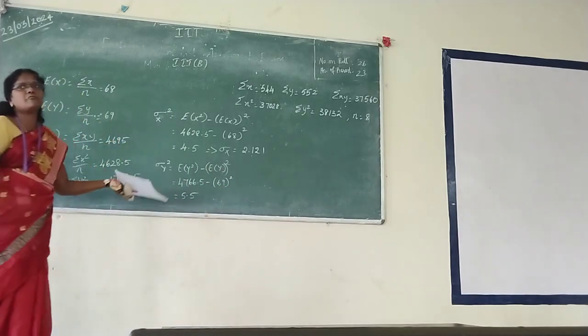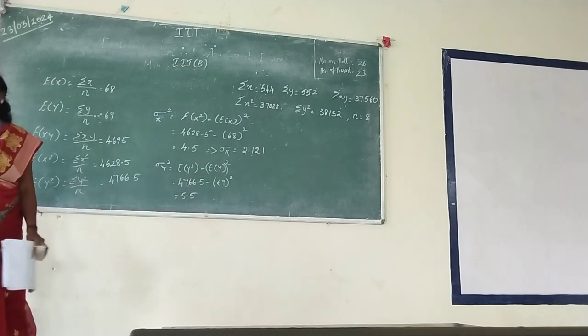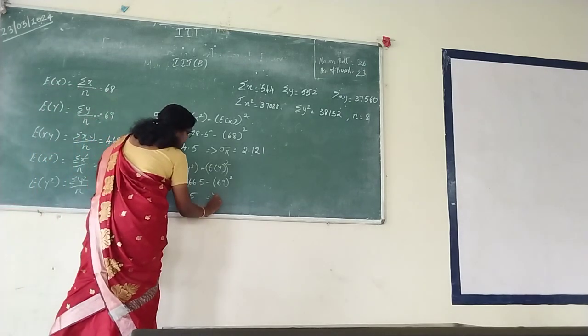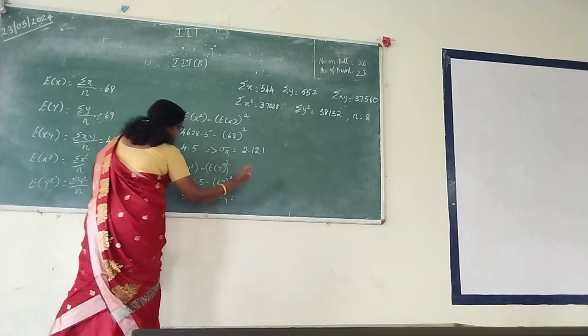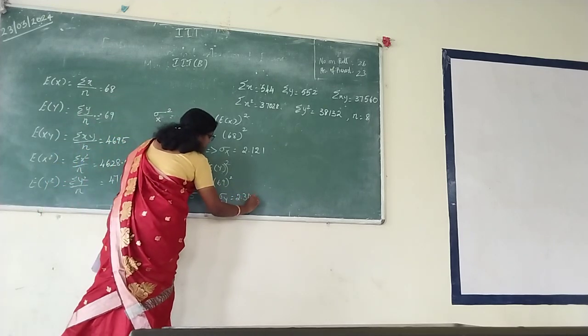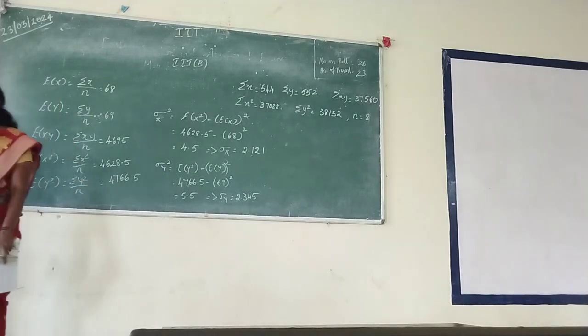Be careful here. In some cases you will not take the square root, you will just substitute this value directly in the denominator. After finding sigma y square, find sigma: 2.345. So these are the necessary things you need to substitute in your formula.